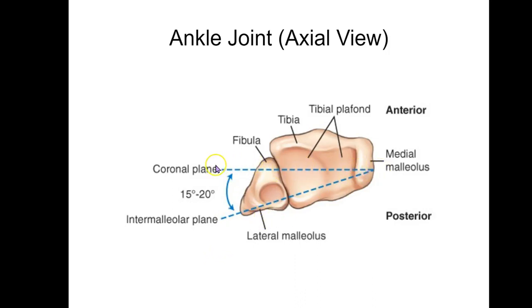And that line between the two malleoli is referred to as the intermalleolar plane. Now the lower leg must be rotated 15 to 20 degrees medially to bring the intermalleolar plane parallel to the coronal plane. And this relationship of the distal tib fib becomes really important again in positioning for that mortise projection that we talked about a second ago.